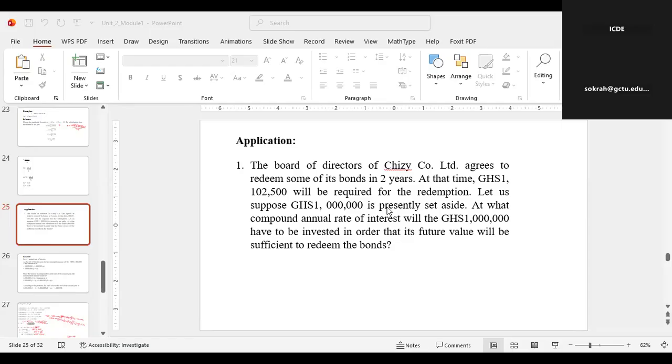The rate is not given, and it is that rate that the question is asking us to find. Okay, so we don't know the rate. The question says, at what compound annual rate? So we have to look for the rate.